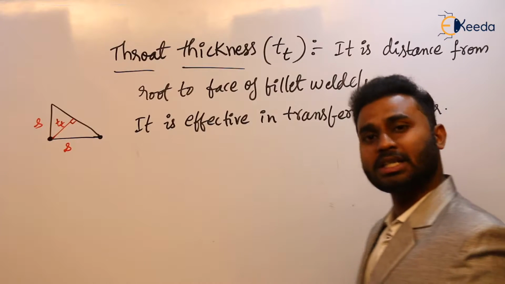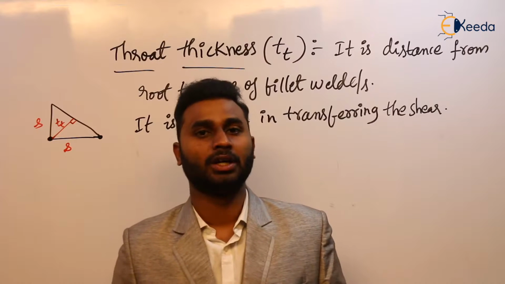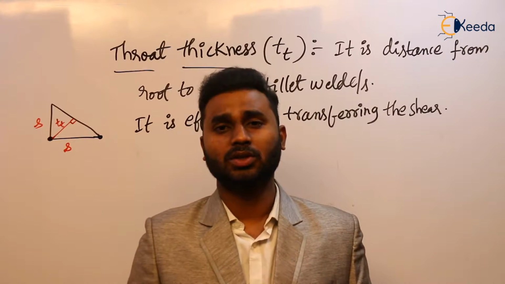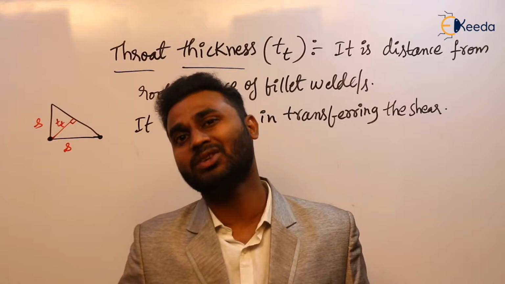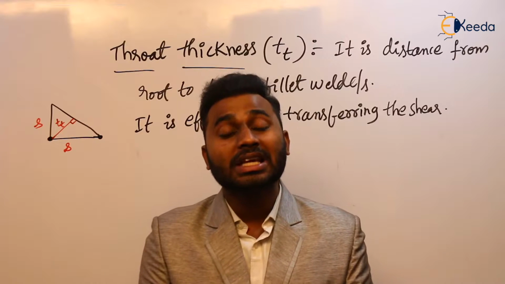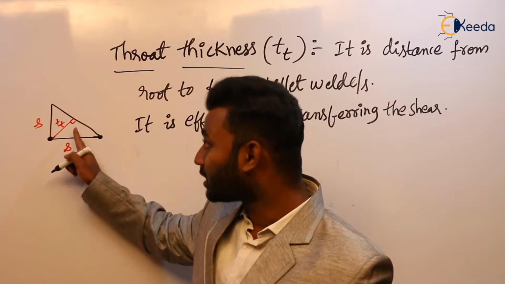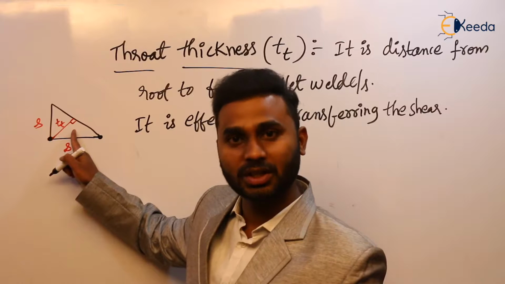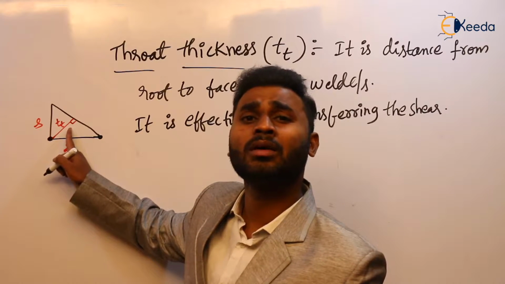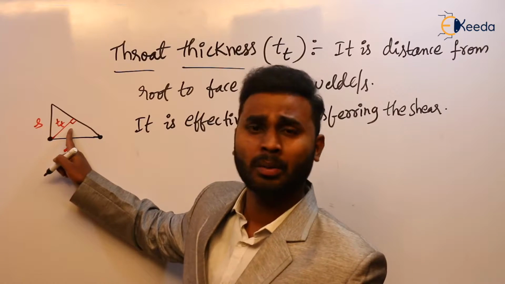As we discussed, fillet weld always fails in shear, so we have to make the fillet weld strong enough in shear. That means it should be able to transfer the load from one member to the other member using this fillet weld. In that fillet weld, this throat thickness is effective in transferring that shear. It means the weld is going to transfer the force from one member to the other by shear.